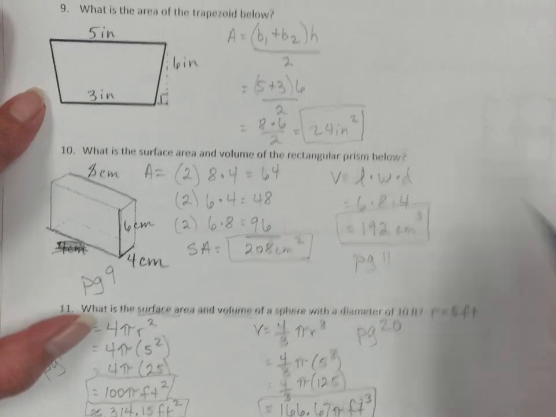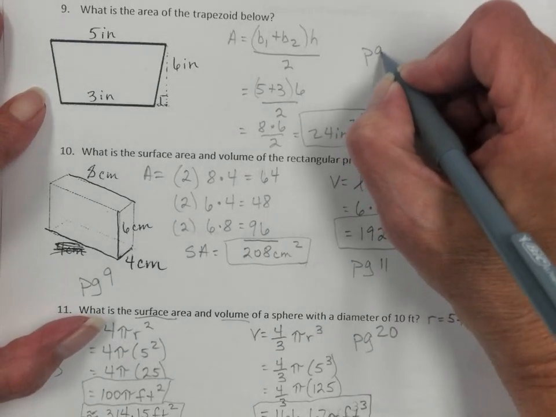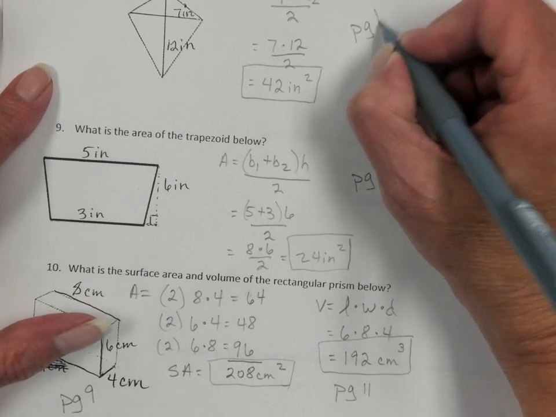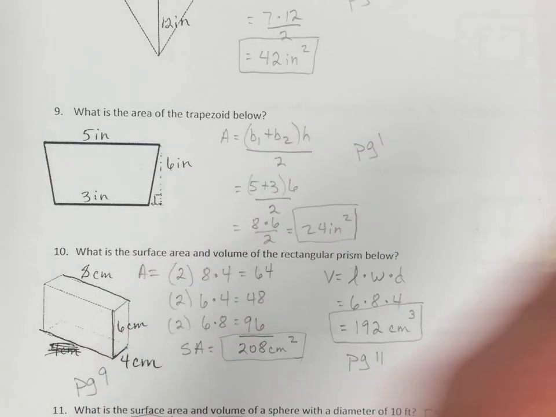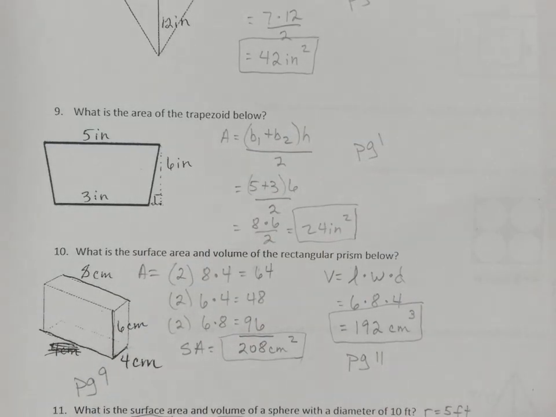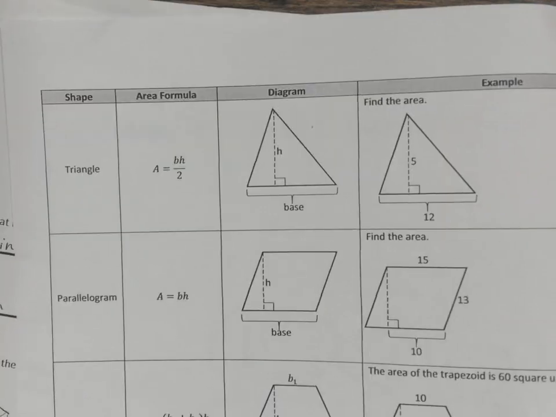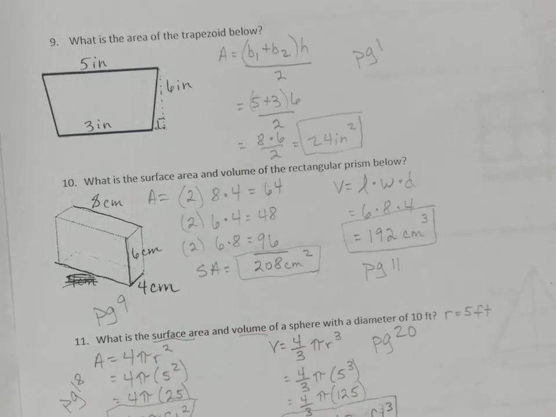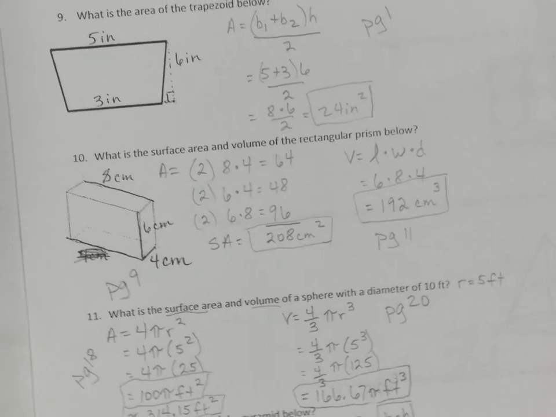Okay. The area of a trapezoid I found on page 1, along with the area of a kite I found on page 1. Remember, I'm not talking about the opening face sheet. I'm talking about this page. Okay. It's got the reference of all of the different shapes as far as their two-dimensional area.